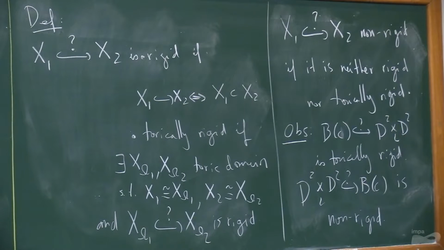Okay? And I should say one more thing. Being non-rigid just means that you can't see the best embedding by just inclusion in the toric world. Maybe you could see the best embedding by something else that's easy, like a symplectic folding or something. But in all the examples that I'll show you in the talk, non-rigid actually means that the embeddings will be very non-rigid in the sense that the best embedding is extremely hard to construct.